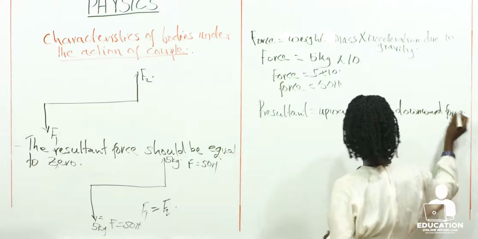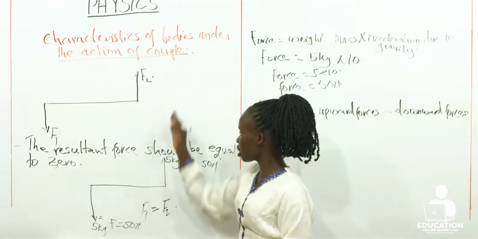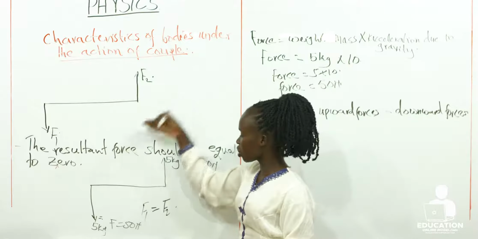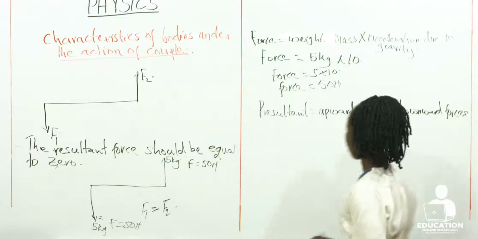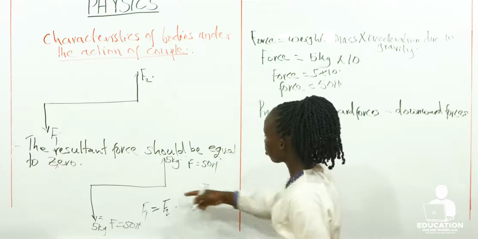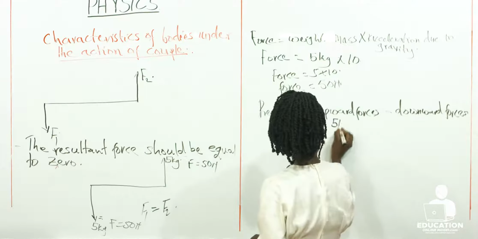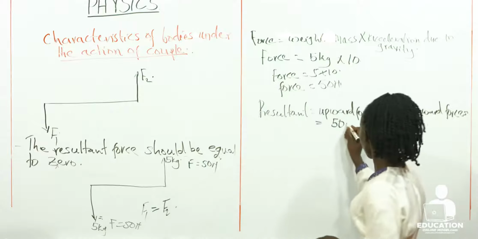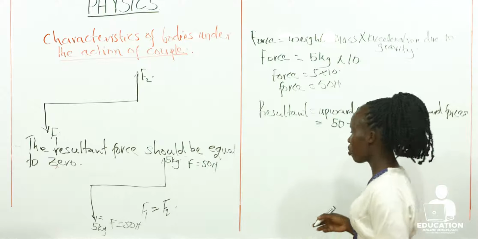When we are talking about the upward forces and the downward forces, we mean those pointing in the upper direction, and the downward one is this one pointing in the lower direction. So we shall have our upward force is only this, which is 50 Newton, subtracting the forces that are acting in the downward direction.